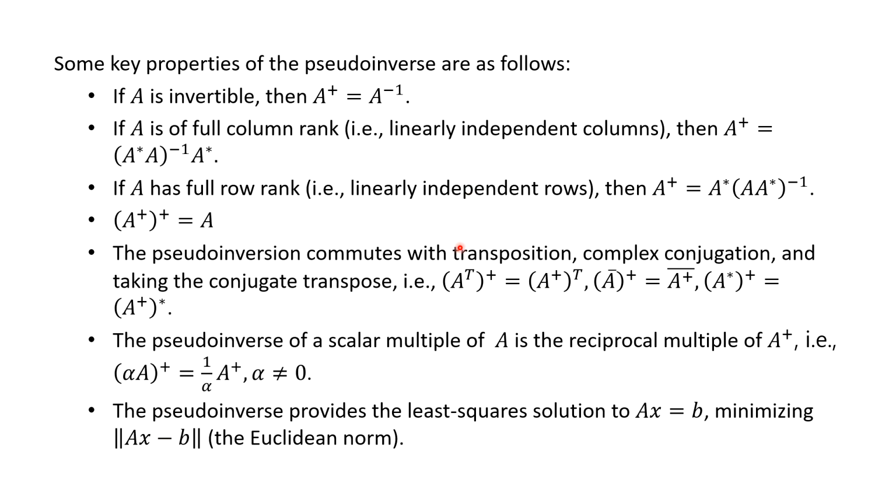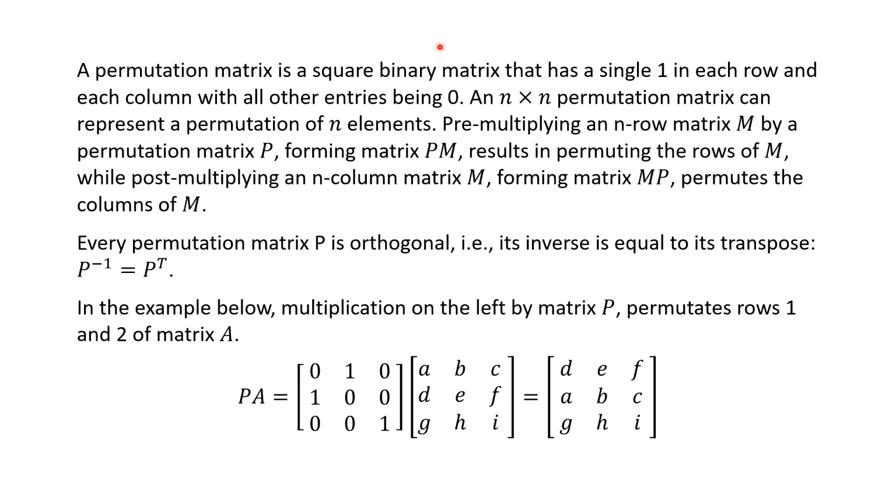Okay, we have one more topic in this lesson, again, not related to the previous topics. I'm trying to fit things into lessons roughly the same size, and so I put a few unrelated things together here. Again, I talked about this earlier, but I want to just emphasize it. The concept of a permutation matrix. It's a square binary matrix that has a single one in each row and a single one in each column, with all the other entries being 0.